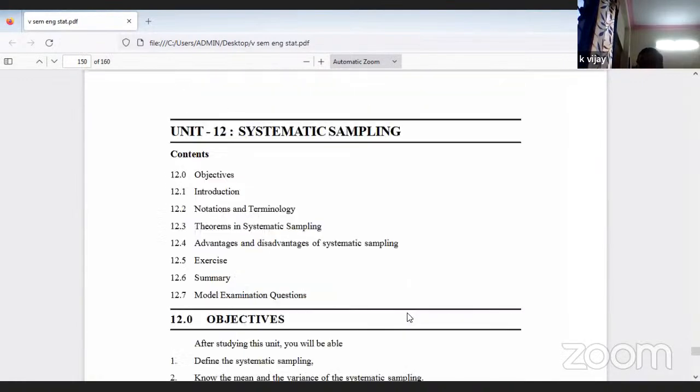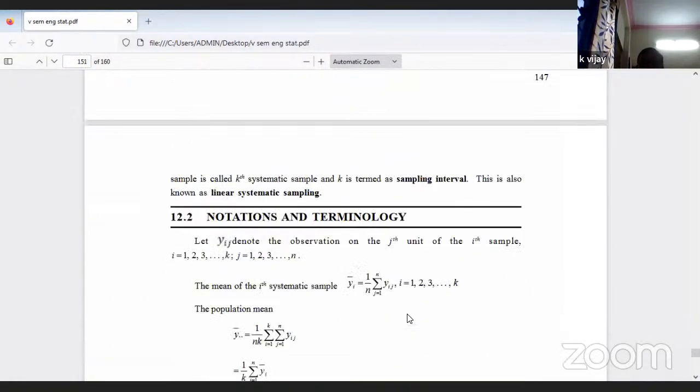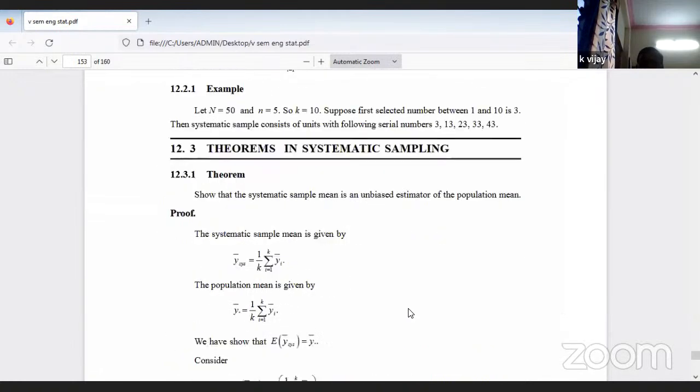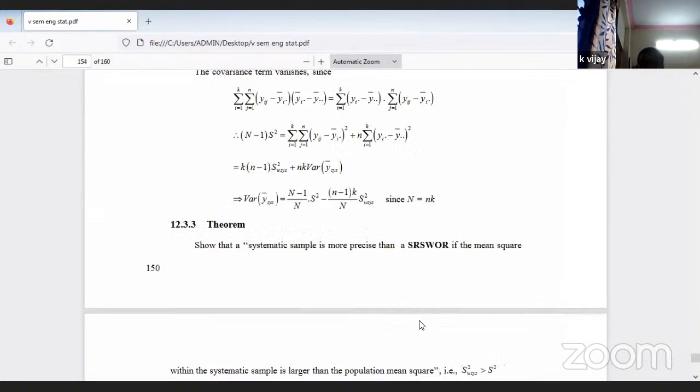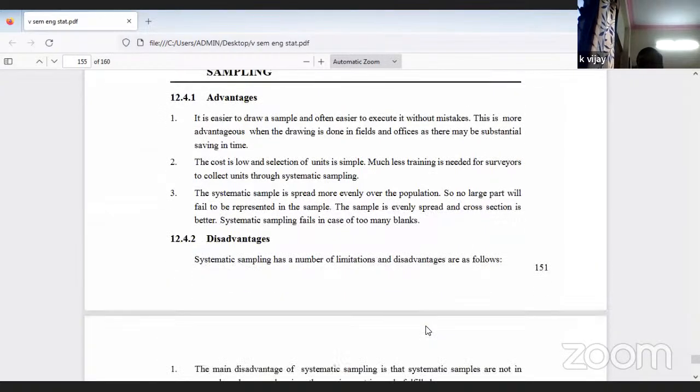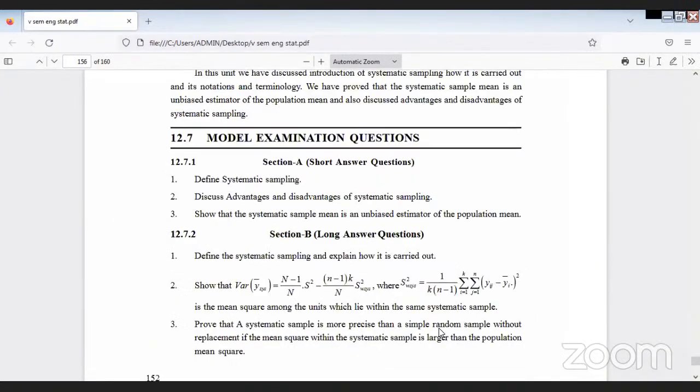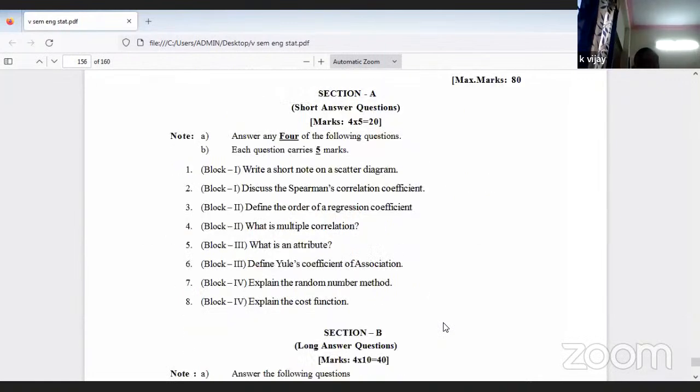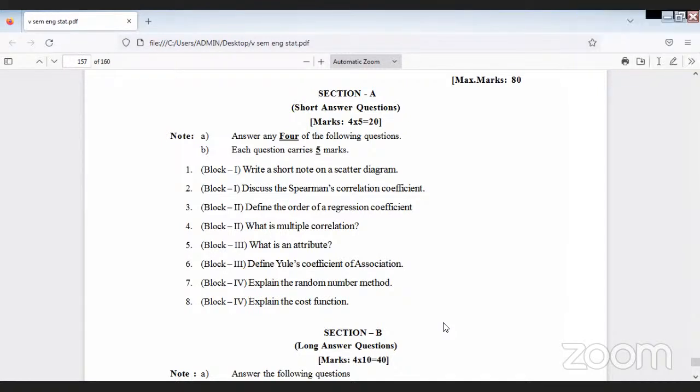Any more doubts? Ask me. Make it fast. Doubts? No, sir. I already told what a scatter diagram is. Told or not? Yes, sir.